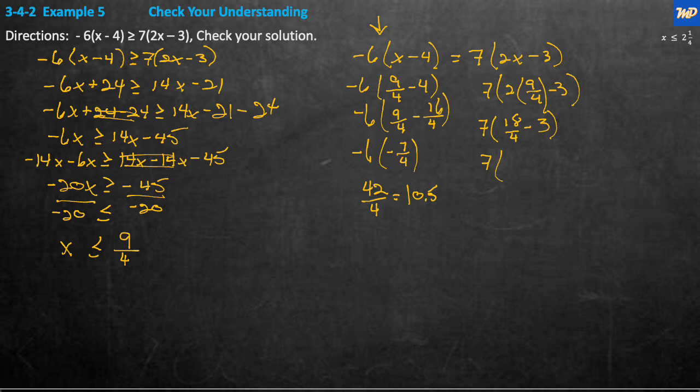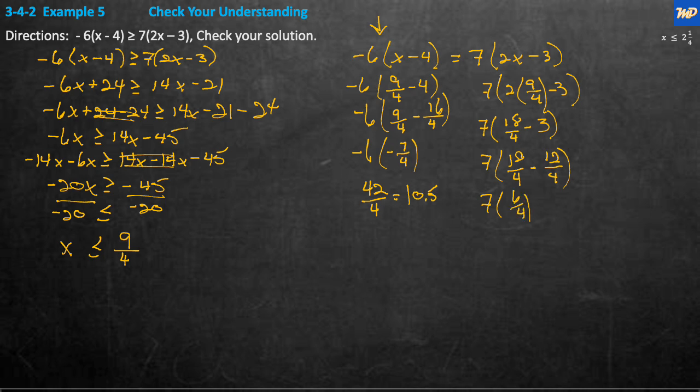I lost track of where I am. Oh, here's my pencil. So 18 fourths minus 12 fourths. Sorry for pausing like that. And that is 7 times 18 minus 12, which is 6 fourths.